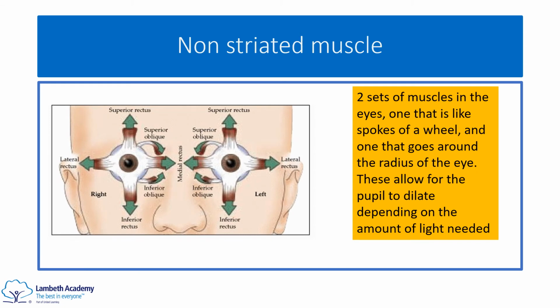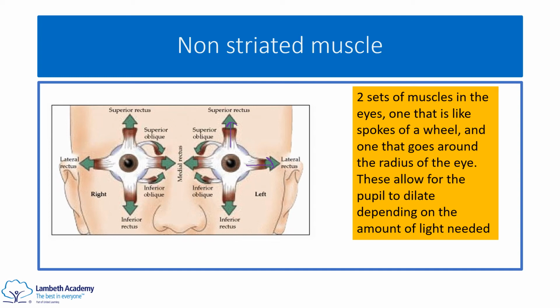The second example of an antagonistic pair of non-striated muscles that I want us to know about are the muscles in the eyes. Now, I don't want us to get bogged down by the actual terminology here. I just want you to think about the two different types of muscles that are working. So firstly, we've got this type of muscle that's working like a wheel.